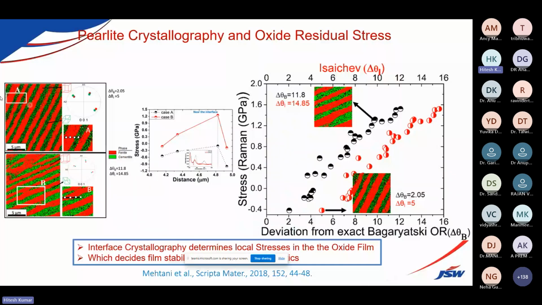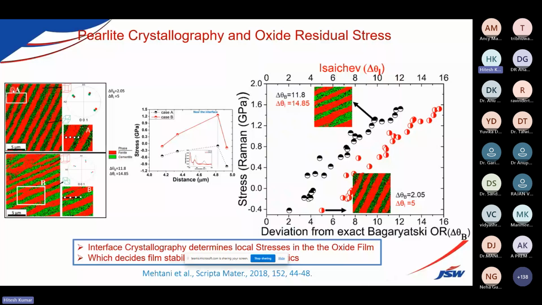Then we took 2 different colonies, or 3 or 4 different colonies, to find out how the oxide scale looks on those particular samples.